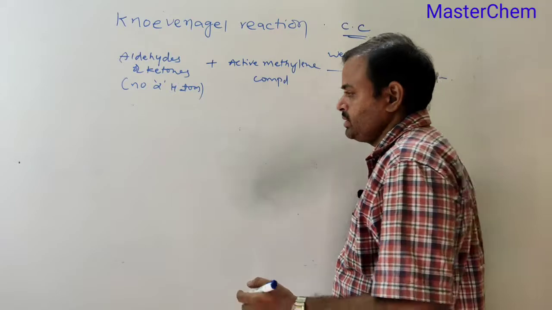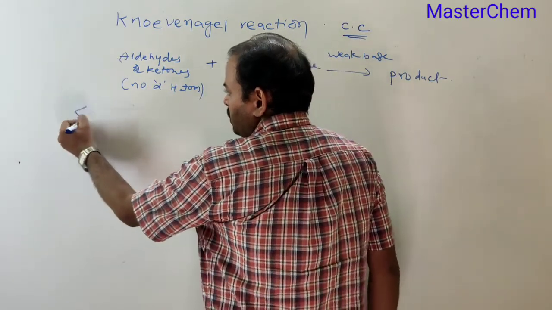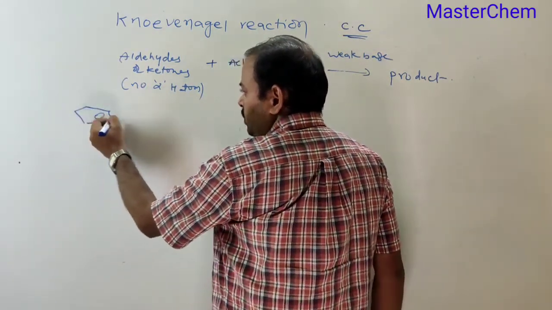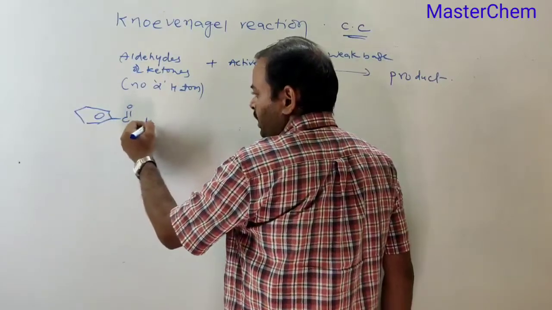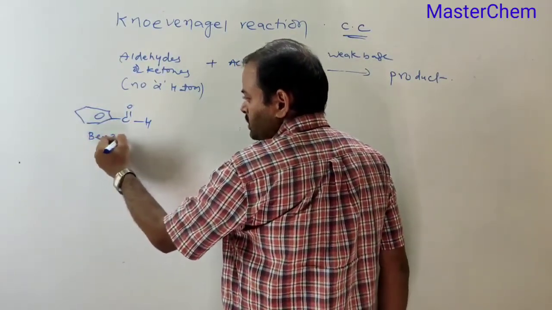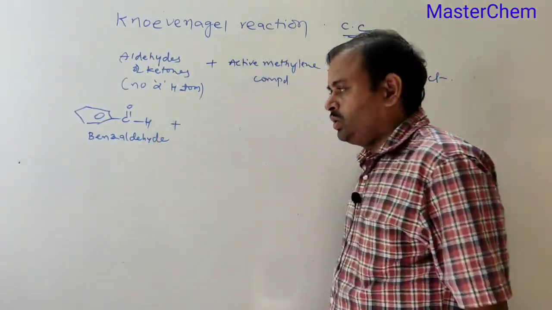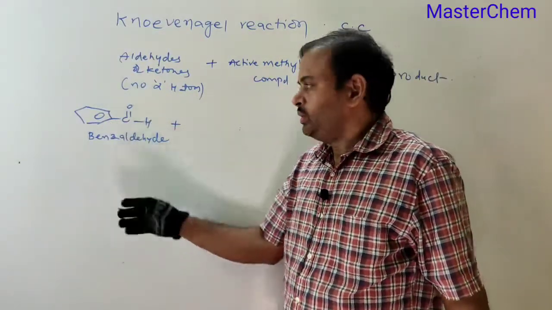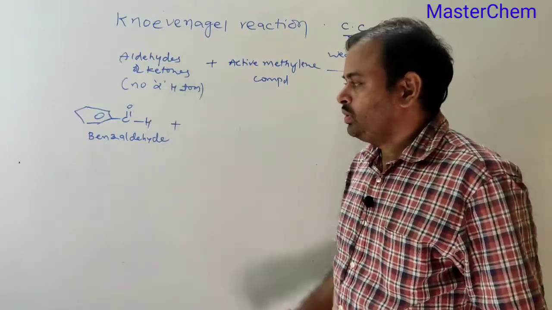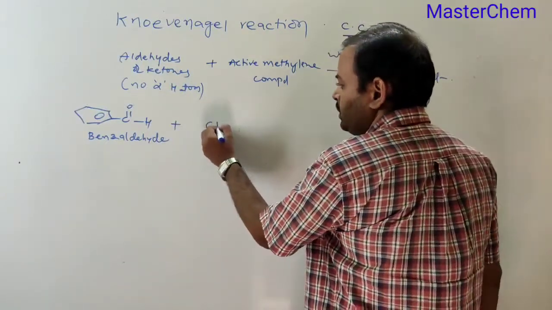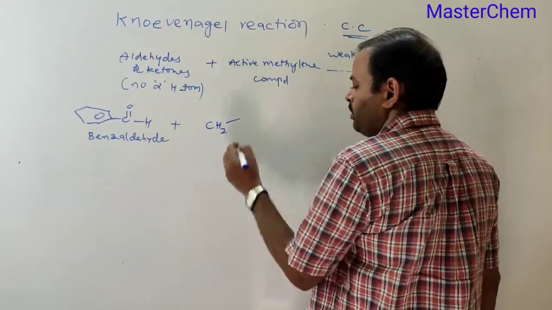Okay, let us take one example. A familiar example with no alpha hydrogen atom is benzaldehyde. So aldehyde or ketone with no alpha hydrogen, with an active methylene compound. What is an active methylene compound?